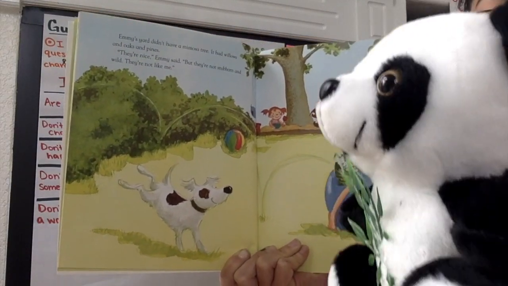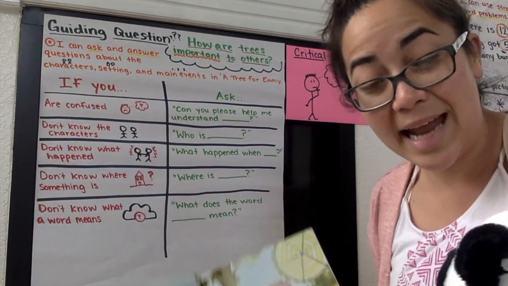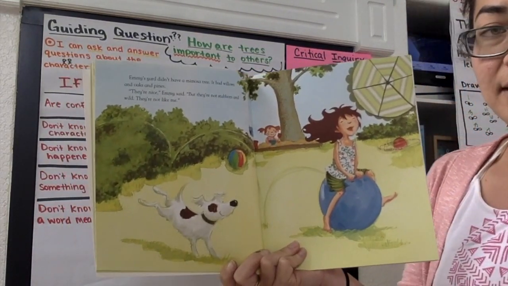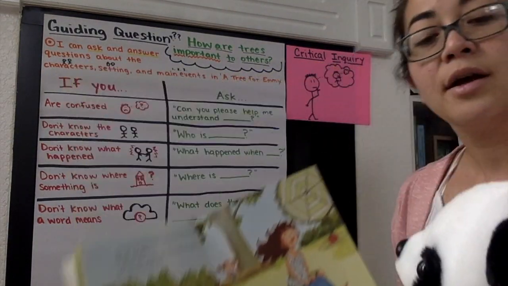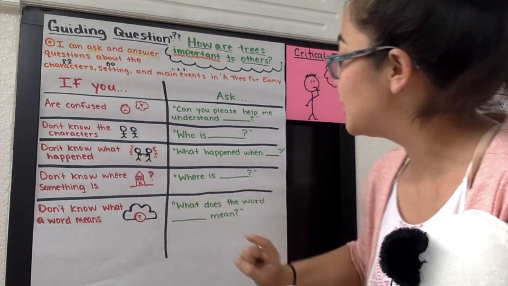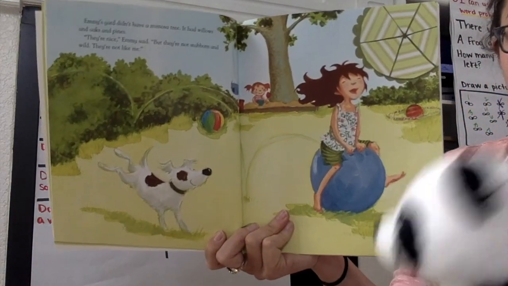Wait. I'm confused again. Oh, it looks like we need to stop and ask another question. What are you confused about? Well, I don't know who some of these characters are. Oh, you have a question about the characters? So let's try asking, who is? You try.